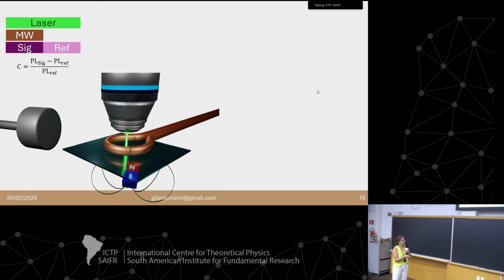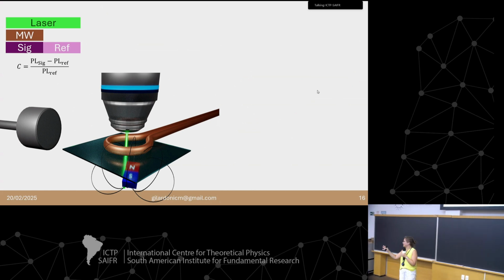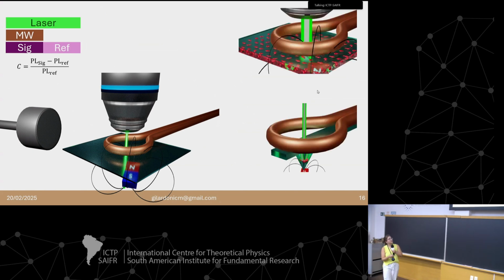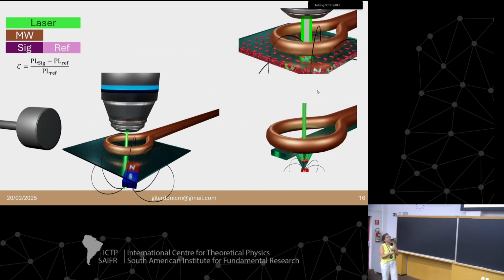And the way in which it's implemented depends a little bit on what functionality you want to have, right? If you want a lot of sensitivity, then you want to collect a lot of light at the same time, right? You want as many photons as you can out of the system at the same time. So you would typically work with an ensemble of NVs, right?